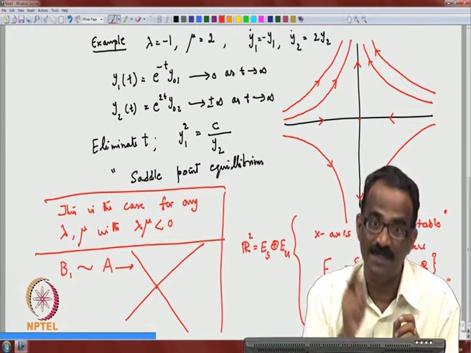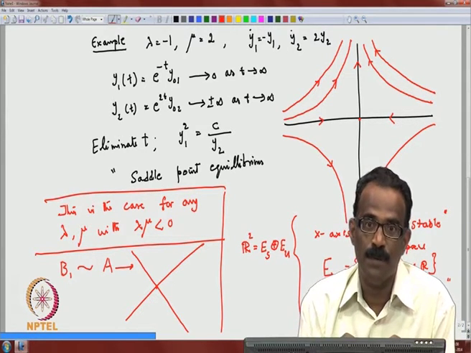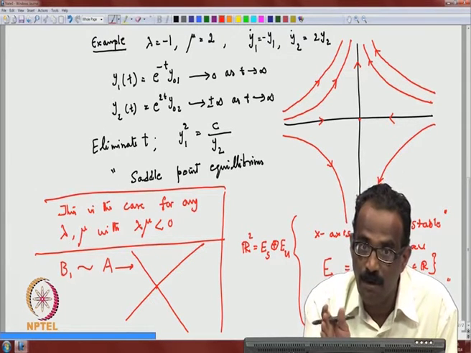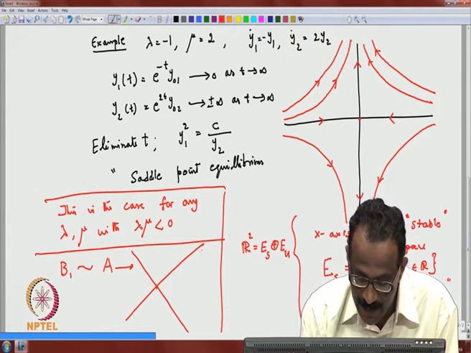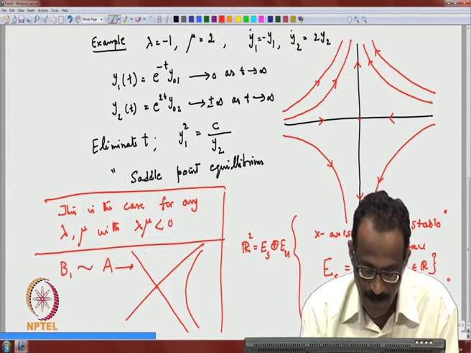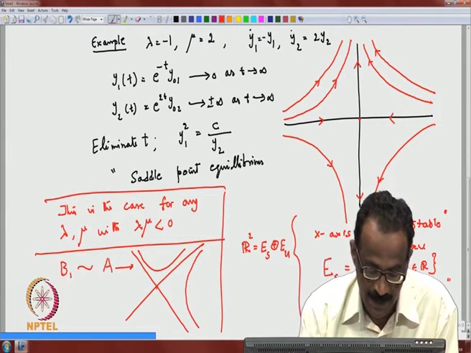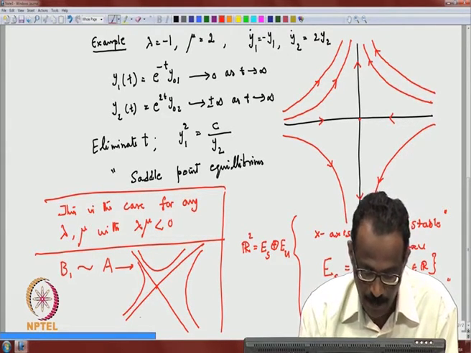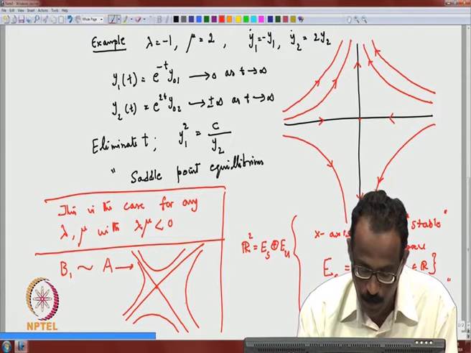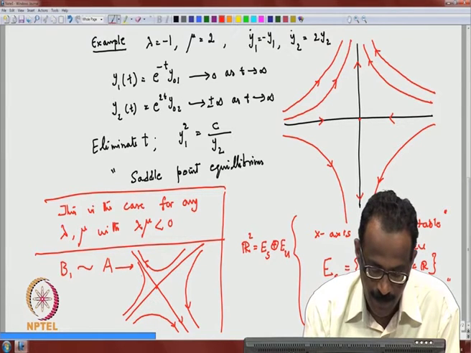There will be a coordinate change and your trajectories will still be like that. You see, the nature of the trajectories will be like a saddle point equilibrium with appropriate arrows. You have to put appropriate arrows, that is all.